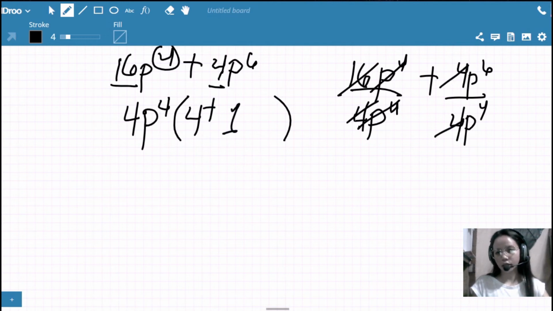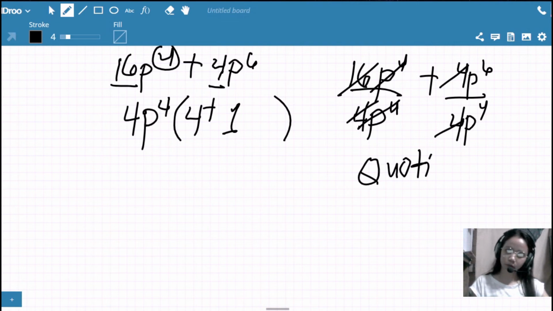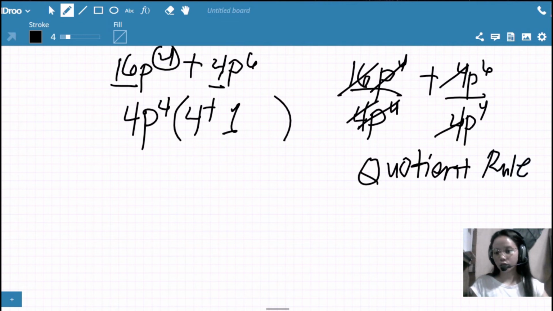And then p raised to 6 divided by p raised to 4, following the law of exponent which is called the quotient rule. In the quotient rule, when we are dividing expressions with the same base, we simply subtract the exponents. So 6 minus 4 is 2. So therefore, we will be left with p raised to 2.